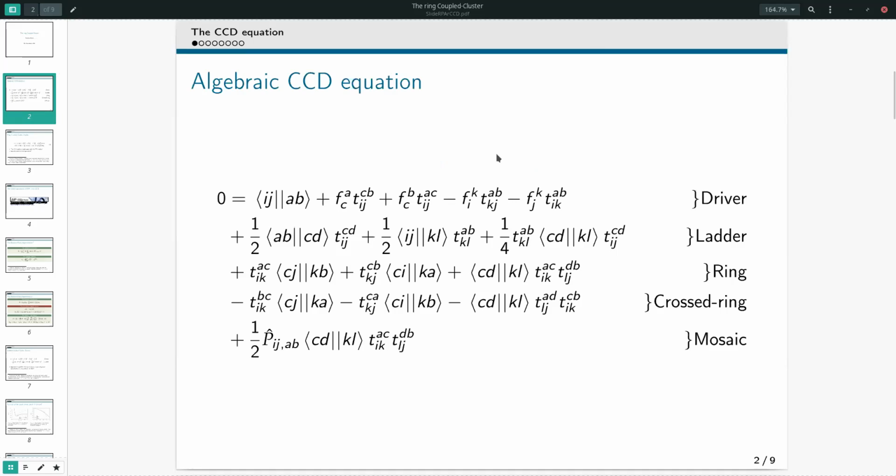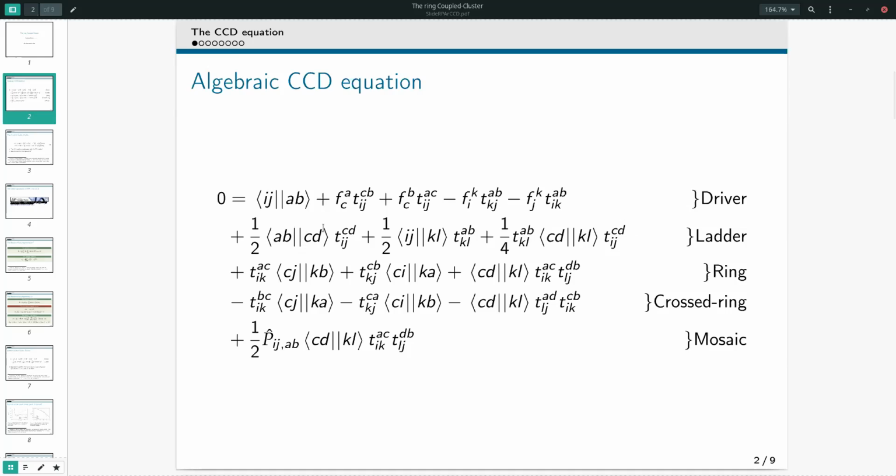Here there are all the terms of the algebraic coupled cluster doubles equation. Based on the type of contraction that you have in your terms, you can sort them into five classes. First the driver, then the ladder. In the ladder, the contraction is particle-particle or hole-hole, so the dummy indices are like CD in the double bar integral and CD here.